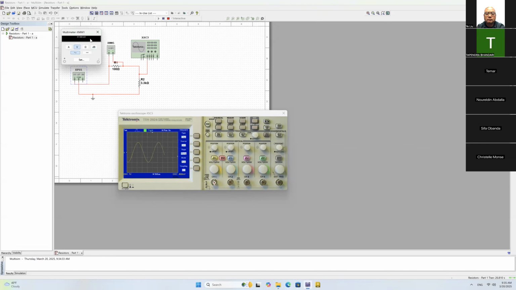For the multimeter, you can see this is 41.594 millivolt. This is the VRMS value.